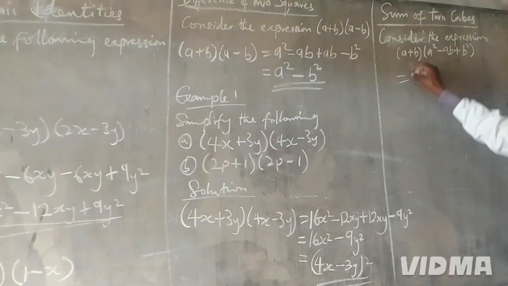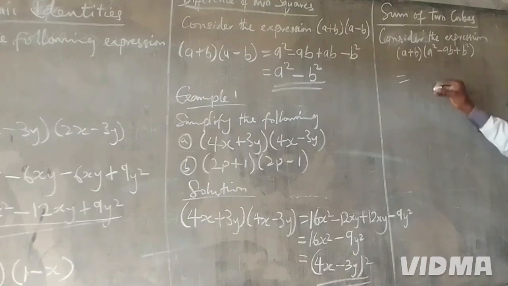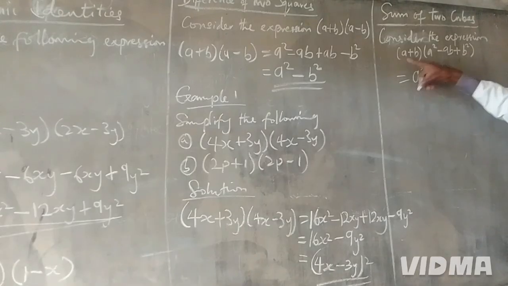It becomes A times A squared. Yes. A times minus AB. A times B squared. So we are done with A now.